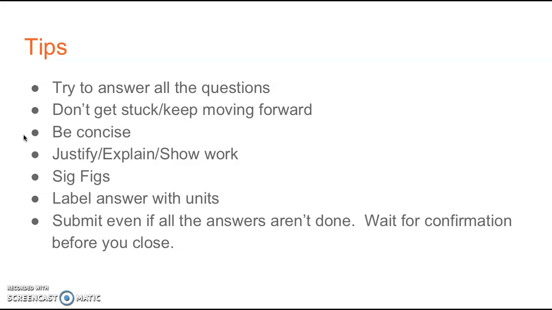If you're asked to justify or explain or show work, make sure you're specific in that, and then you do that. A lot of times, if it says to justify or explain and you don't, you won't get credit for that, even though you might have the right answer. You have to have the right explanation to go along with it. But along with that, if it doesn't say to justify or explain, don't. Just answer it and go.